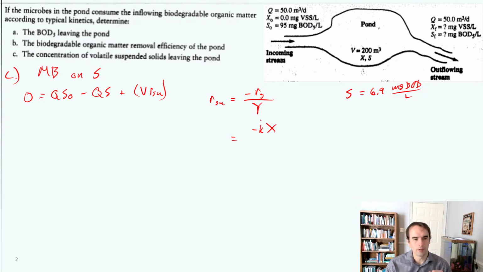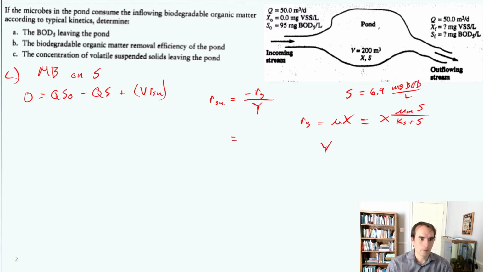Let me back up one step because I think it will be better if I make this a little more clear. So the rate of growth, R of G, is equal to mu X, right? If we take the mu and have it separate, that's X times mu max times S divided by Ks plus S. Okay, so that's what our R of G is.